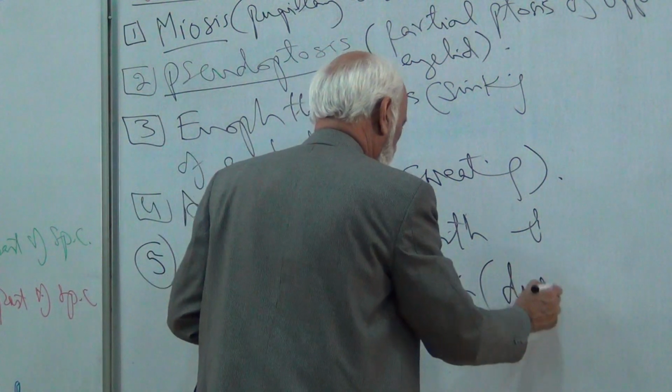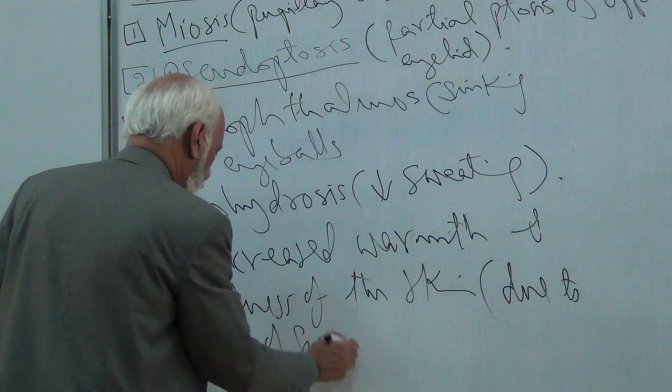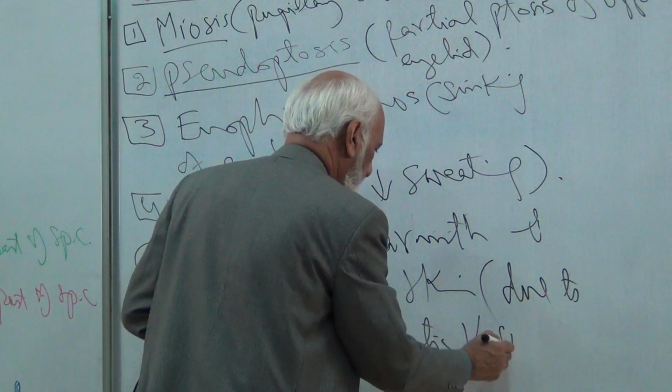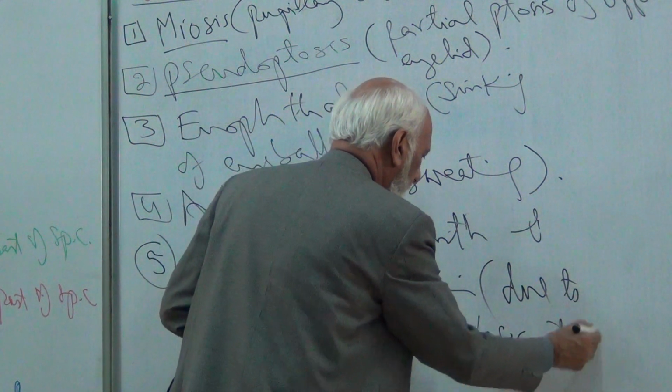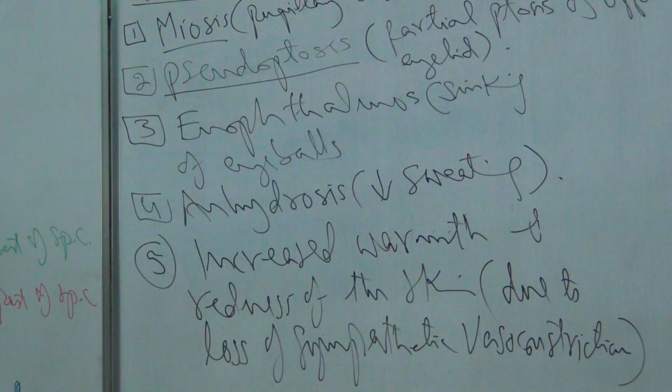It is due to what? Due to loss of sympathetic vasoconstriction. The blood vessels will fail to constrict, therefore they will be dilated. When the blood vessels are dilated, there will be more flow of blood through the skin, so the skin will become warm, and it will give a reddish color, so redness of the skin.